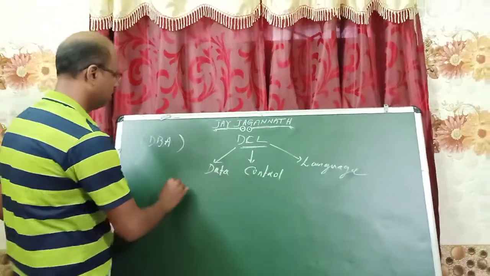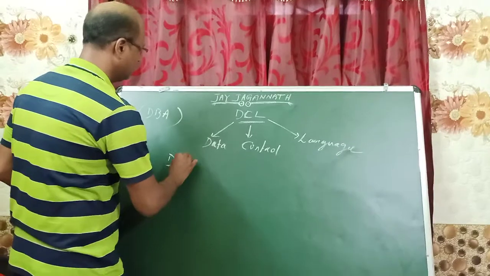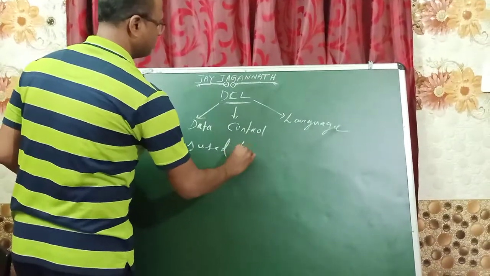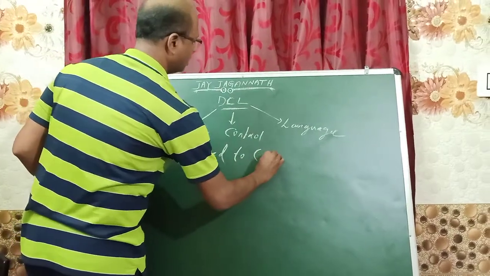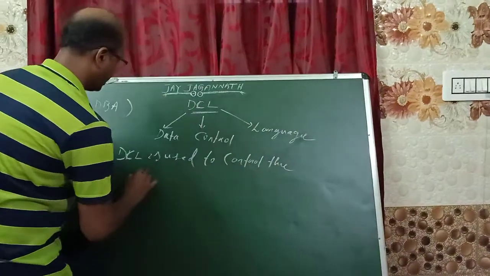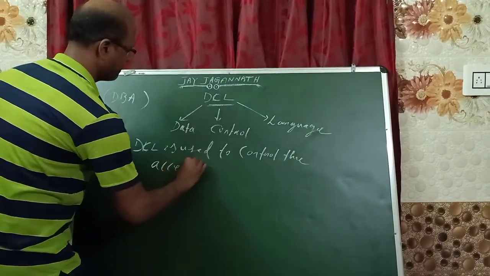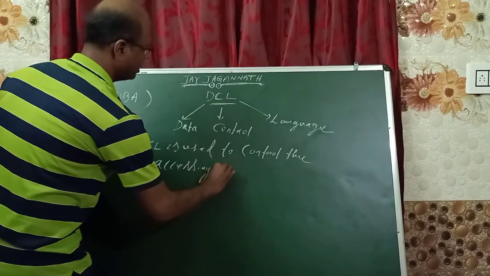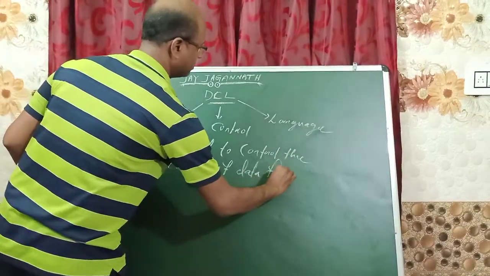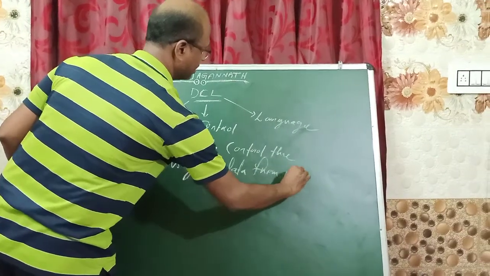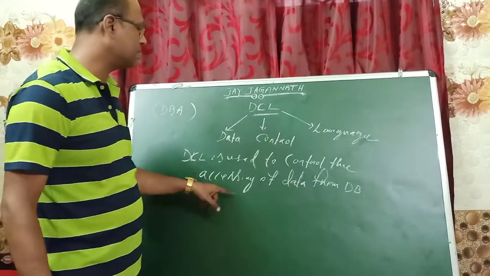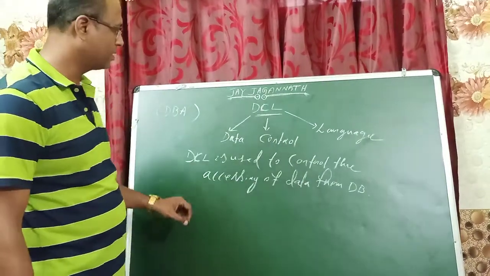It means that DCL is used to control the accessing of data from the database.